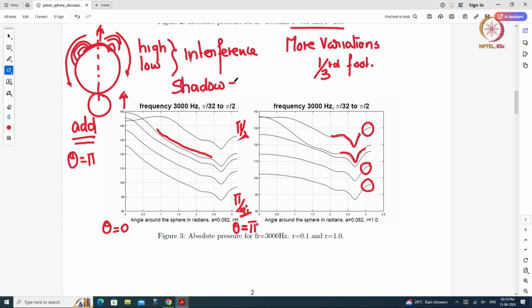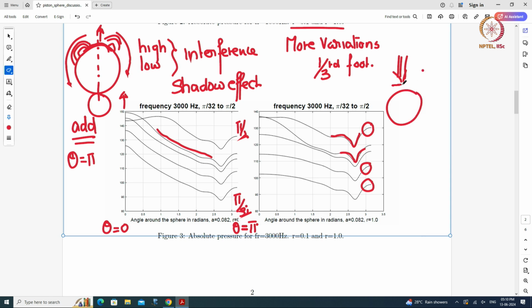For example, if there is a light source and there is some object over here, you will have maximum light coming in at the front. As you start moving around the object, the light level will start going down, and if there is a bigger object, light will go down even more. So this is the shadow effect due to the rigid sphere, and so you get this drop.